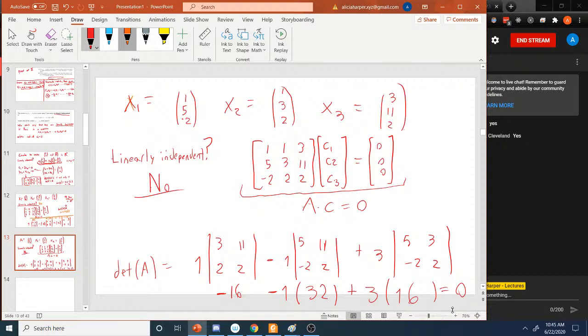And so the next question you probably want to ask sometimes is, if your vectors are not linearly independent, how do you find a linear dependency relation between them? So in order to do this, we're going to take our matrix equation and state our problem precisely.